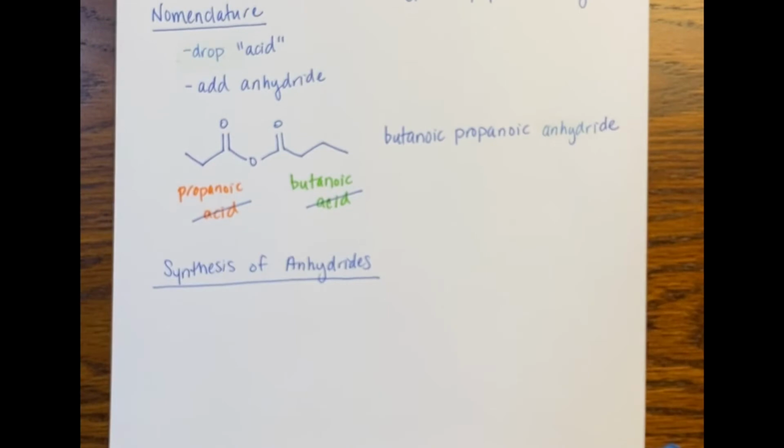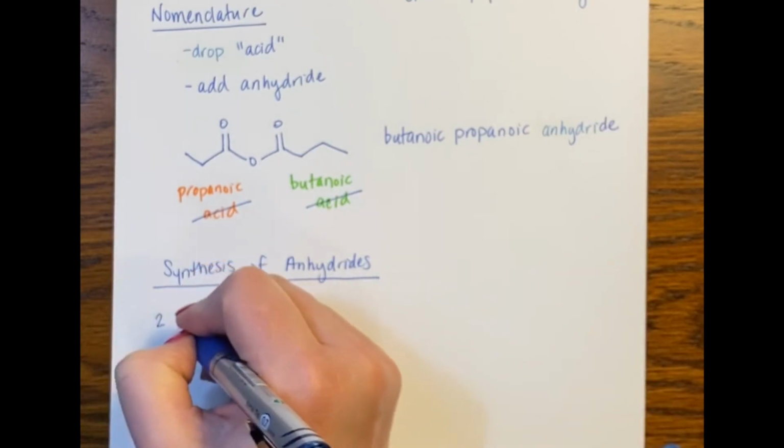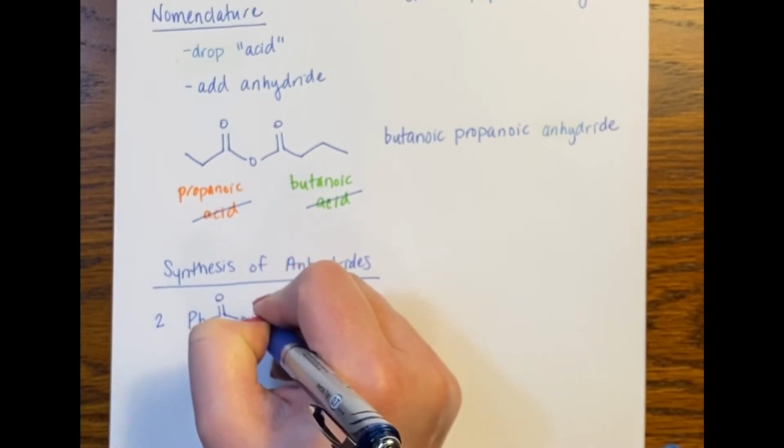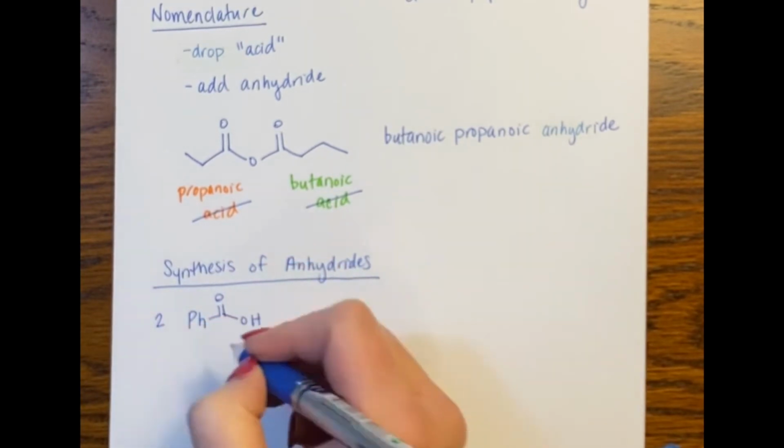The next reaction we need to talk about is the synthesis of anhydrides. In order to make an anhydride, we're going to be using a dehydrating agent that has the chemical formula of P2O5. So in this case, we're going to take 2 equivalents of a carboxylic acid. This one right here is benzoic acid.